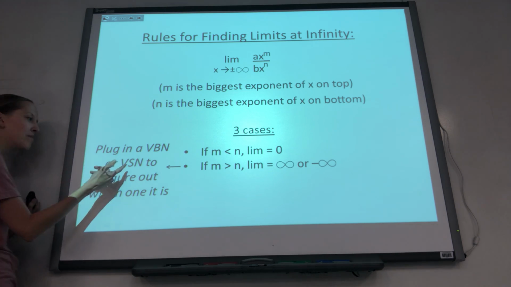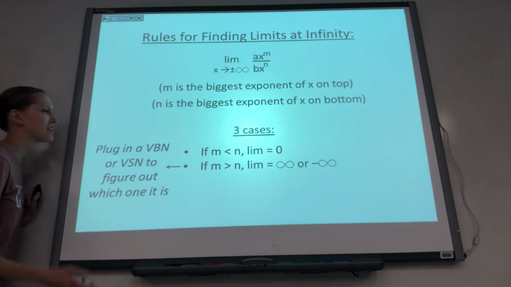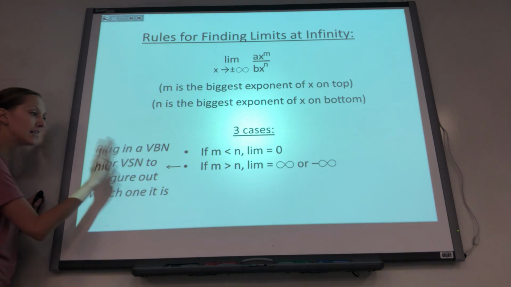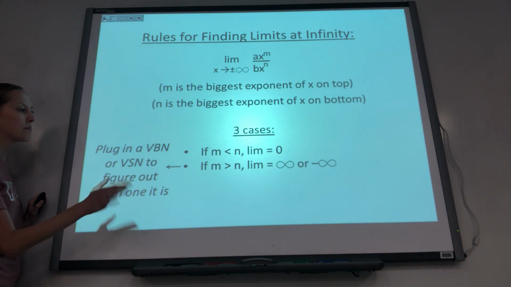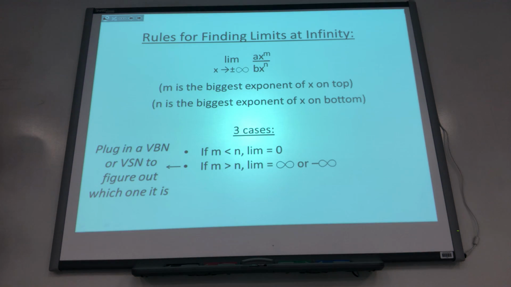Very small number, to figure out which one it is. Again, you're still probably like, well, I still don't really know what it's going to be. Yeah, it's fine. Once we get to our examples, we'll figure it out. But plug in either a very big number or a very small number. I'll explain how you know which one, and that'll tell you if it's positive infinity or negative. So that's a case we'll have to come back and revisit.